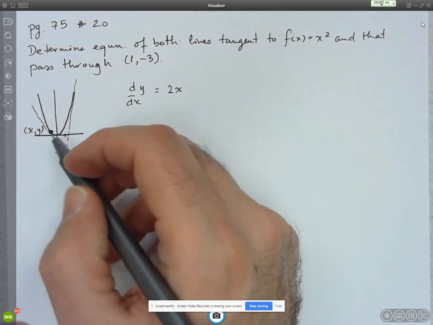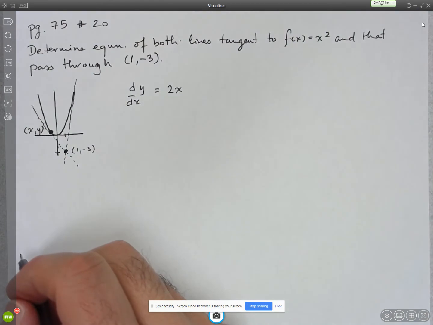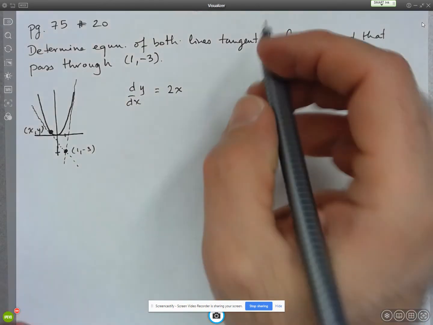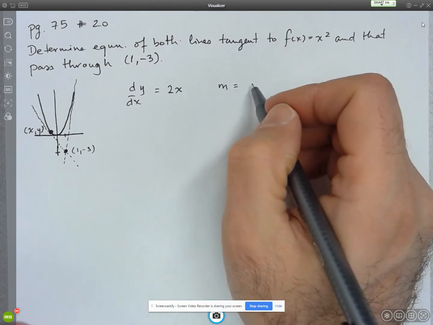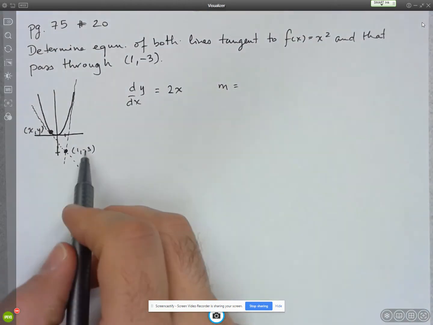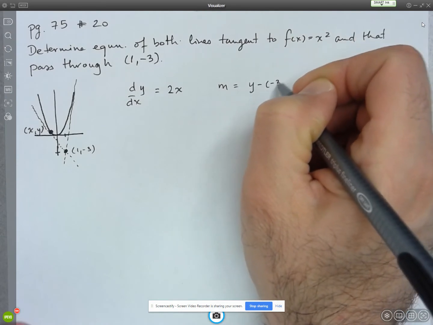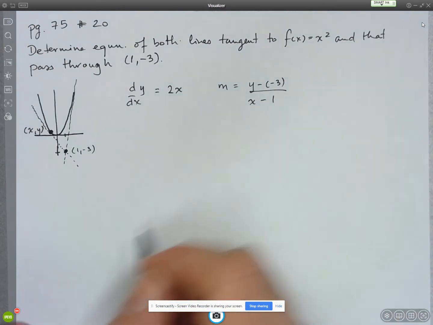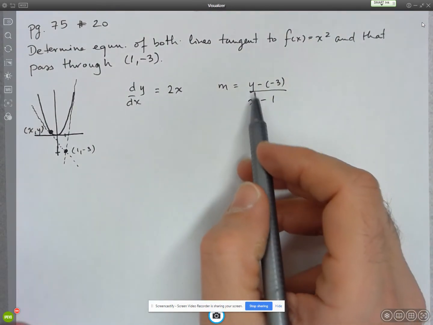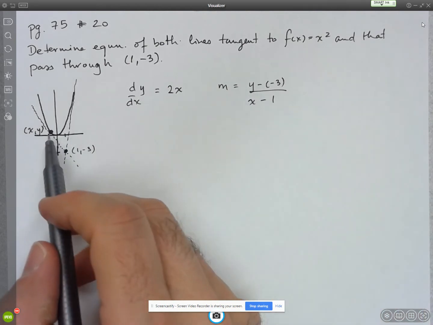So I also know that the slope of this line can be determined by using the slope formula. Another way to determine the exact same value is to use the slope, which is y2 minus y1. So I'll do y minus -3, over x minus 1. Now remember that x and y represent a point on the curve.